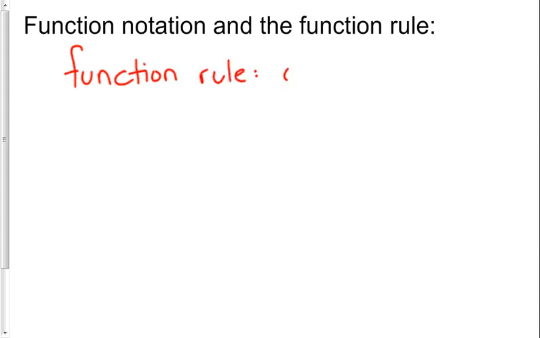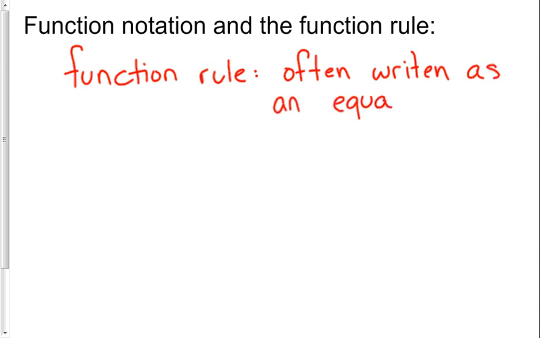That function rule is often written as an equation. For example, the function rule might be that we multiply x by 2 and then subtract 5 to get the y value.